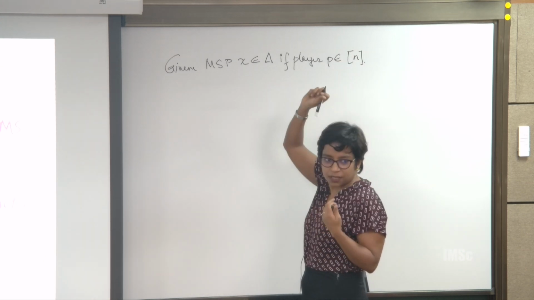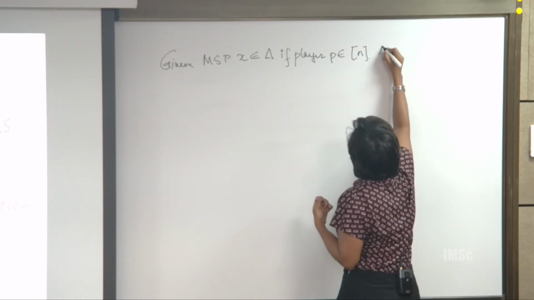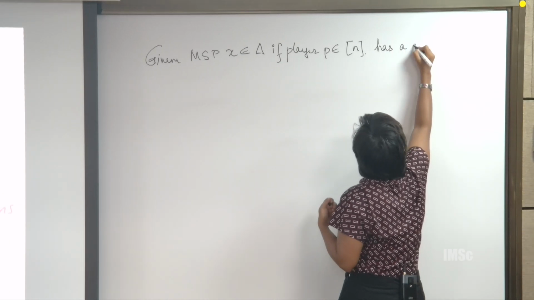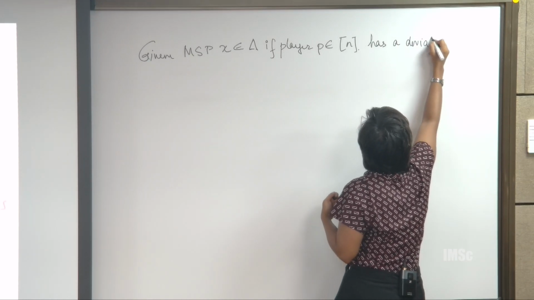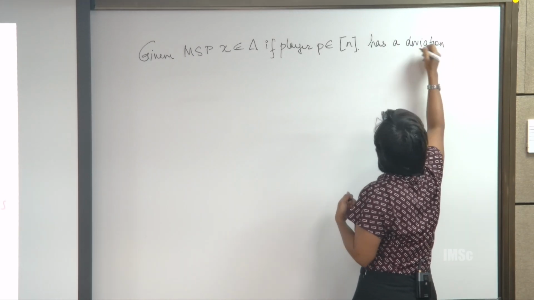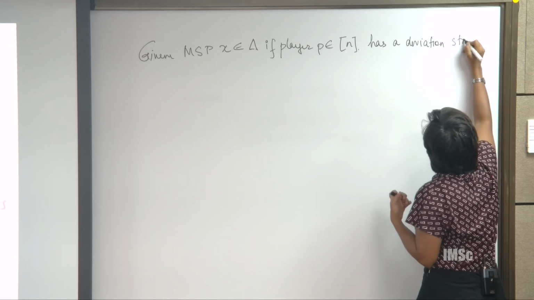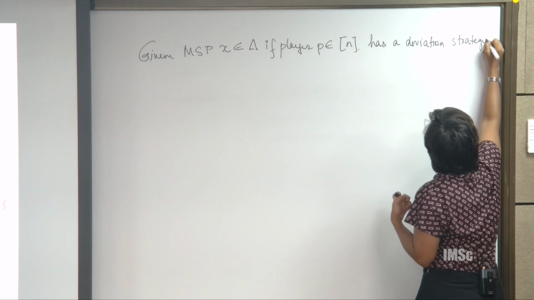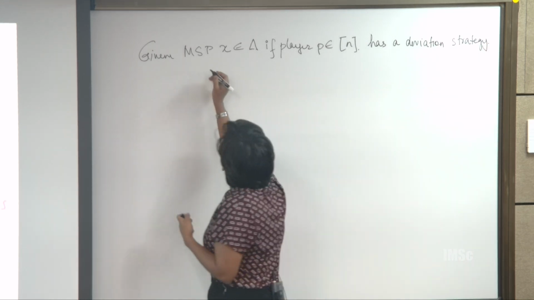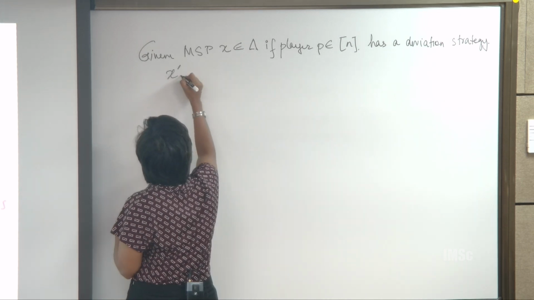Is it readable? If player P has a deviation strategy, let us call it X prime P, then, sorry.